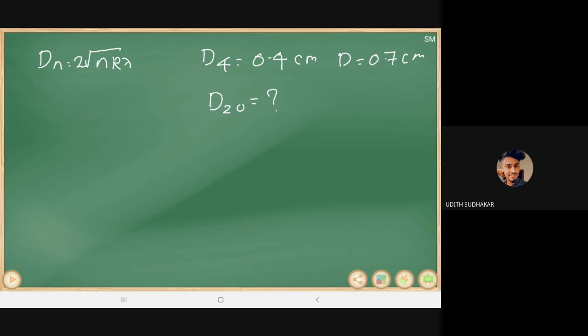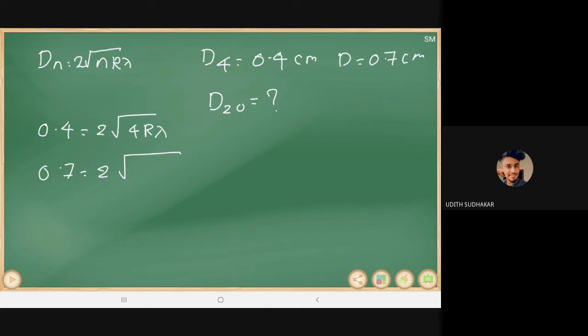Then what will you find? Substituting from D4: 0.4 equals 2 root of 4 r lambda, and 0.7 equals 2 root of 12 r lambda.